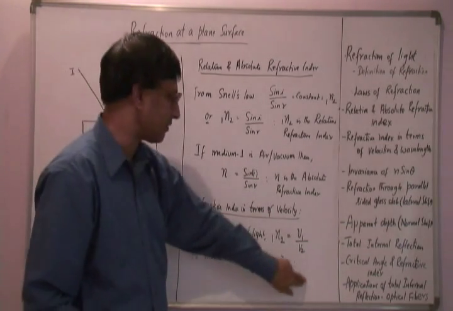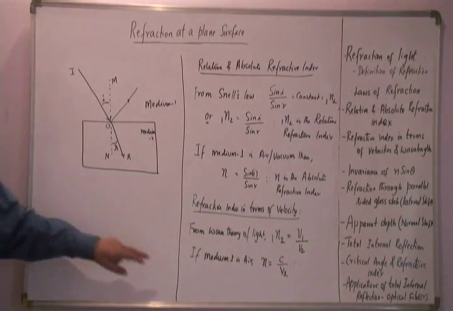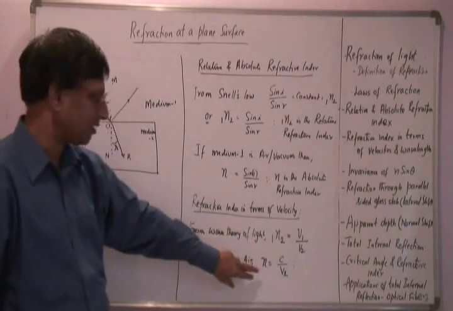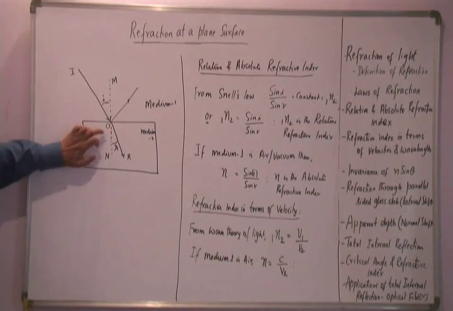So I can get the absolute refractive index of a medium by this expression. Here v2 is the velocity of light in medium 2.